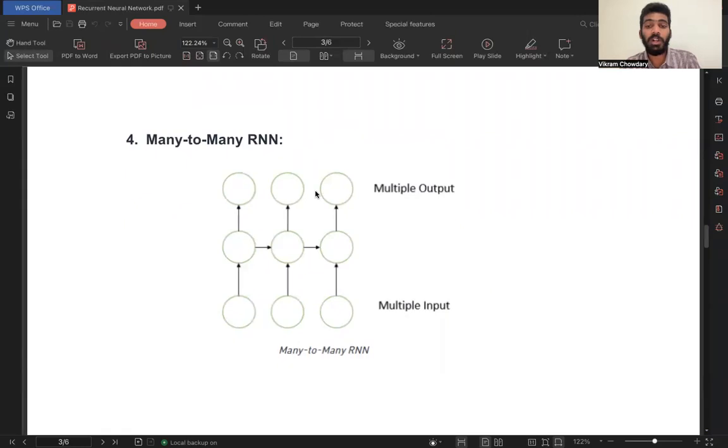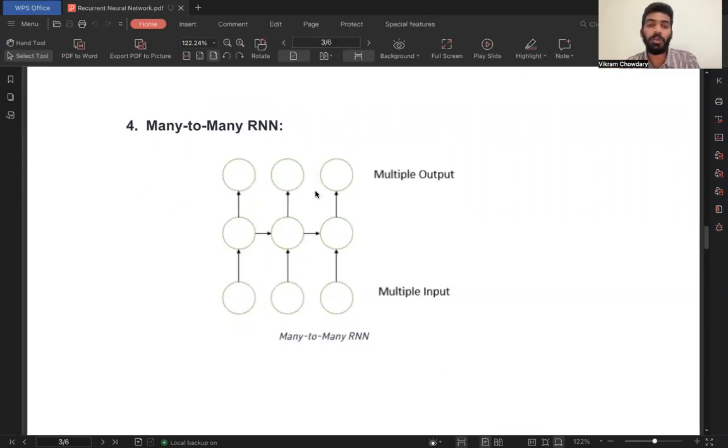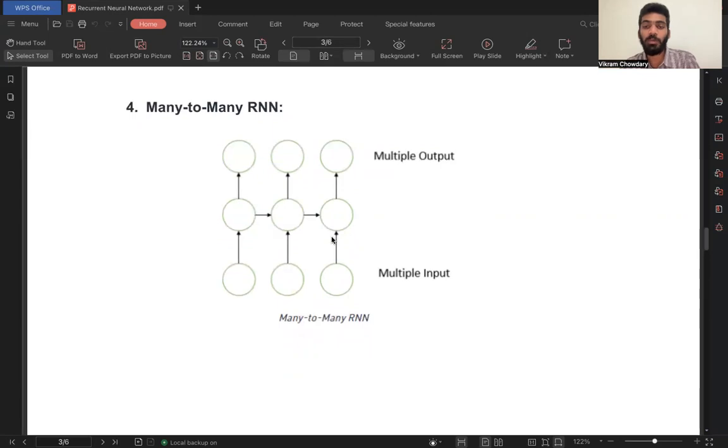This RNN takes a sequence of inputs and generates a sequence of outputs as well. One of the best examples of many-to-many neural networks is machine translation.